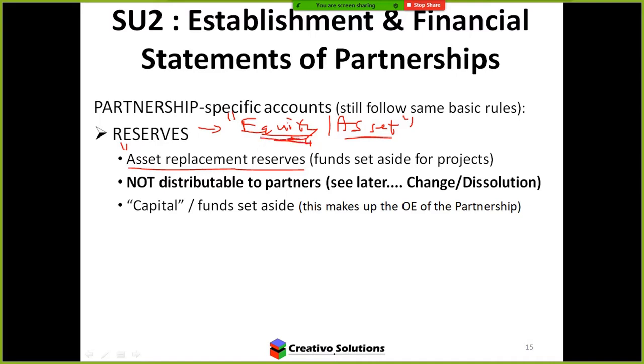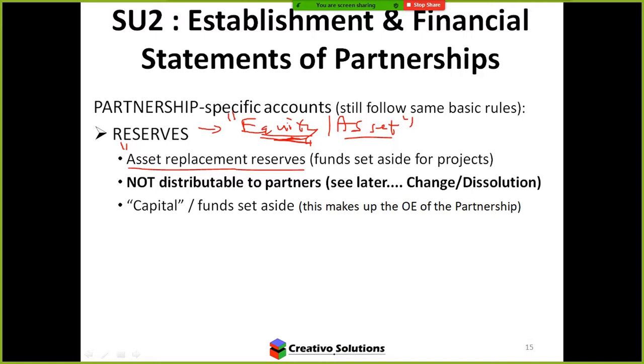It's normally equity because it's a reserve that's attributable to the owners of the business. It's viewed like an asset from the point of view of the business because it's a resource that the business has, but it's a reserve, meaning it's set aside for something specific.